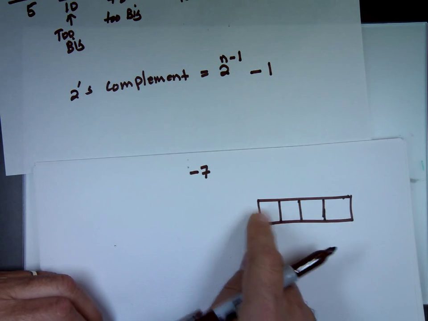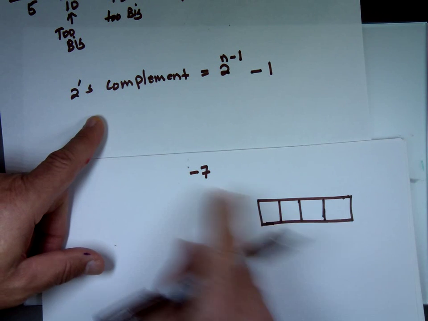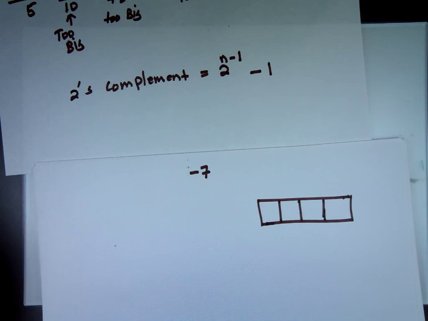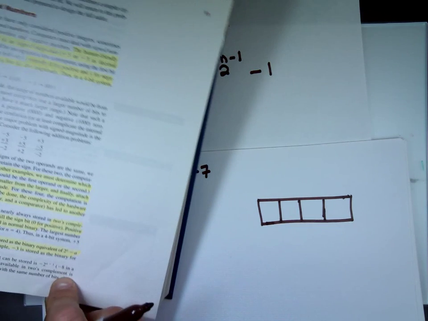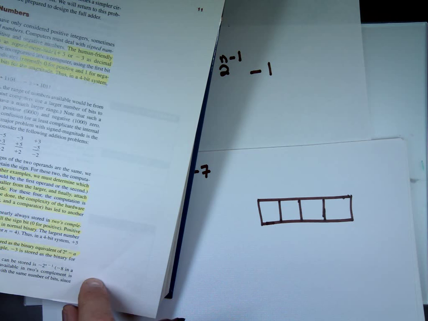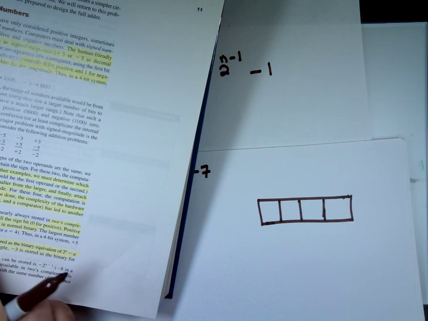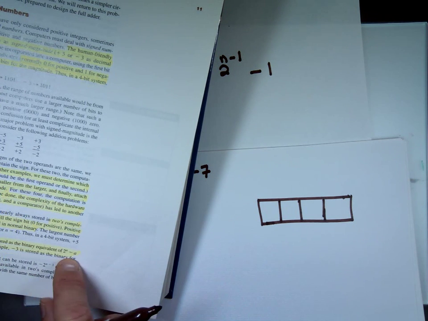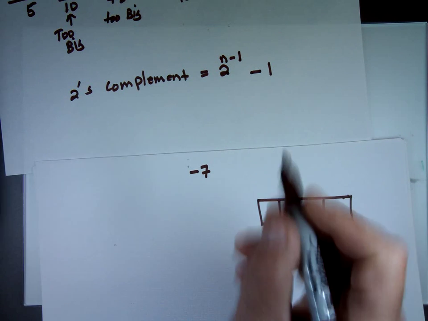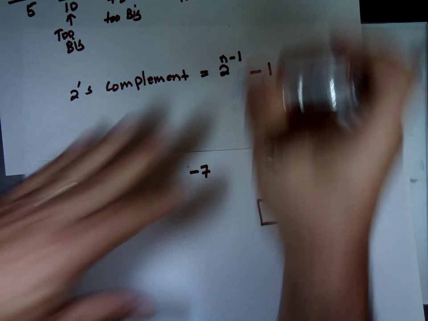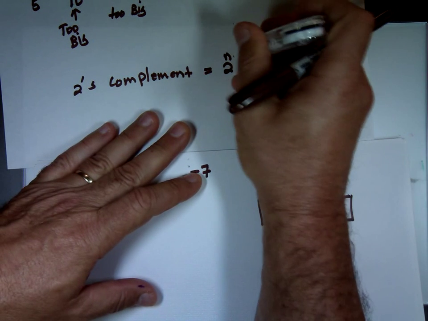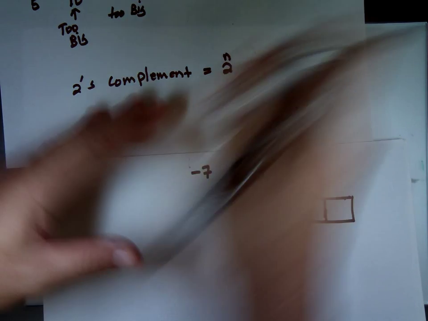The way you're going to write the number 7, the 2's complement, you're going to find what that number is. Actually, 2 to the n minus the number.